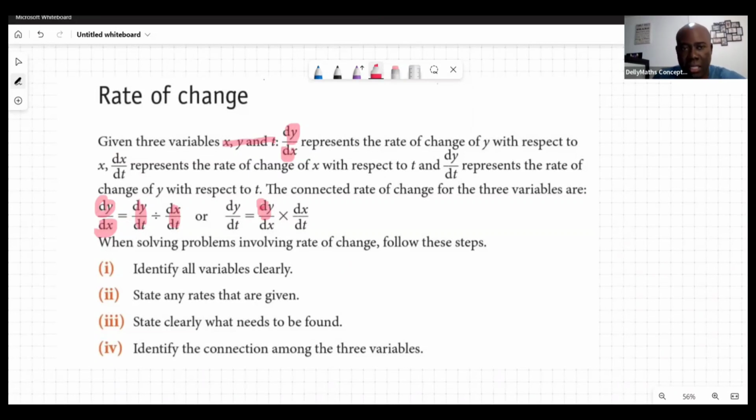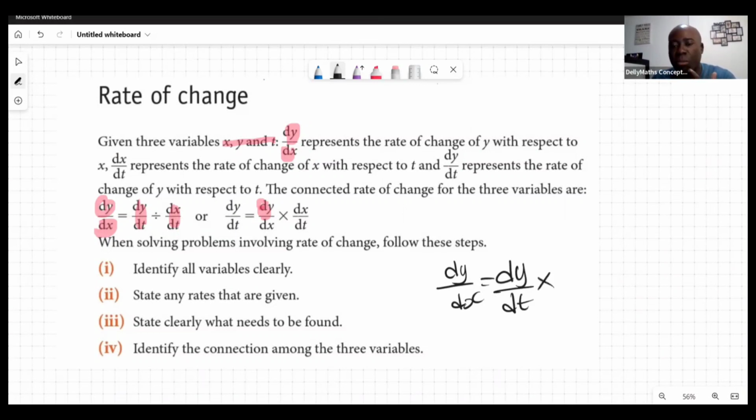Basically, what we're saying is this. In a shorter way, if you have dy/dx to be found, you will be given a rate of change already. For example, I might have been given dy/dt.